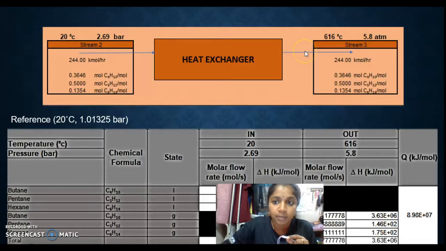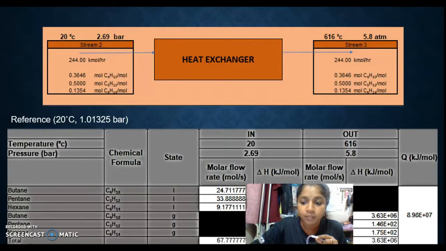My outlet temperature is 616 degrees Celsius and 5.8 atm. My reference point at this unit is 20 degrees Celsius and 1.01325 bar. Heat produced in this unit is 8.98 times 10 to the power of 7 kilojoule per mole.